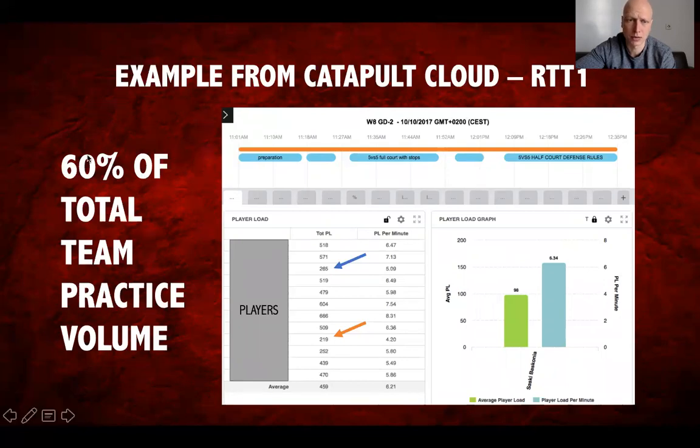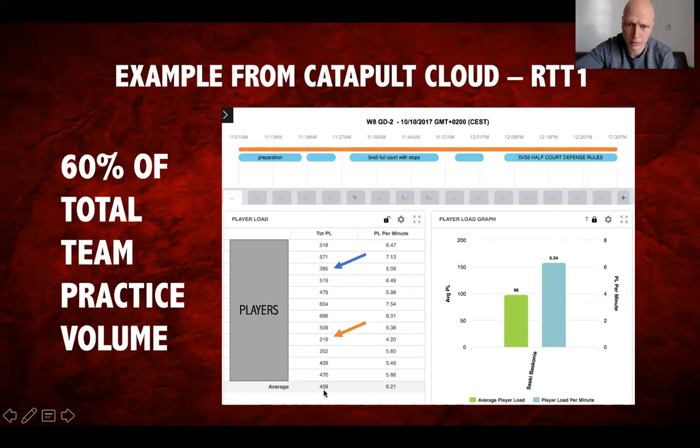We decided that he's gonna do around 60% in this first practice, 60% of total team practice volume. You can see this is the player that was returning to train with the team. You can see this represents the whole team practice.